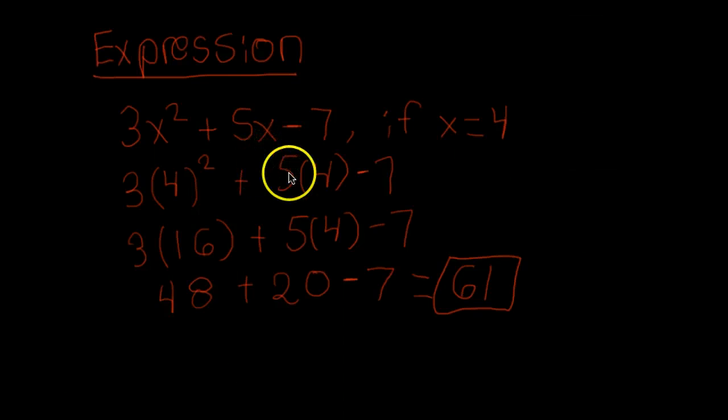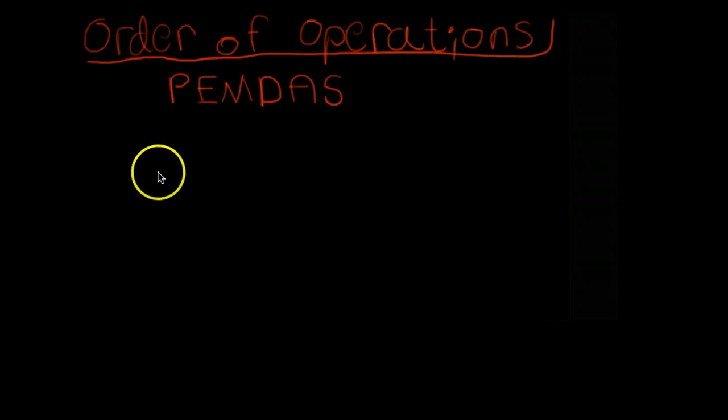The other thing is that the value we obtained depended on the order that we performed the operations. So for that reason, there is an agreement in the math world, the order of operations, which you might know previously as PEMDAS. So there's a little acronym to remember the order of operations, and that is called PEMDAS.